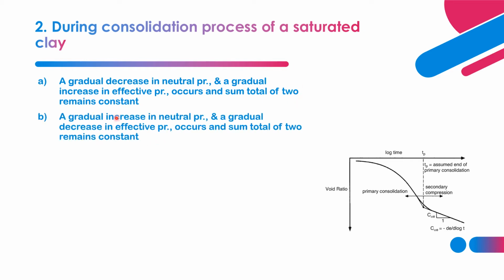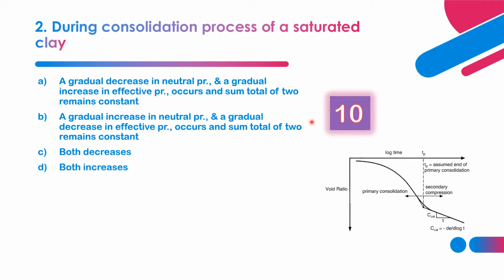Or option B, neutral pressure increases gradually and there is a gradual decrease in effective pressure, so that sum total of both remains constant. Option C, both neutral pressure and effective stress decrease. Option D, both increase. So what is the option? Just think for it 10 seconds.